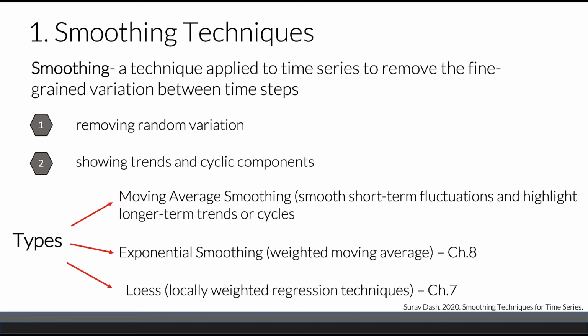Moving average smoothing, which is used for short-term fluctuation, and also to highlight longer-term trends or cycles, especially in data visualization. There's also exponential smoothing, which is a weighted moving average, which will be covered later in chapter 8. And there is another type of smoothing, a non-parametric technique, locally weighted regression, that also allows you to smooth your data.